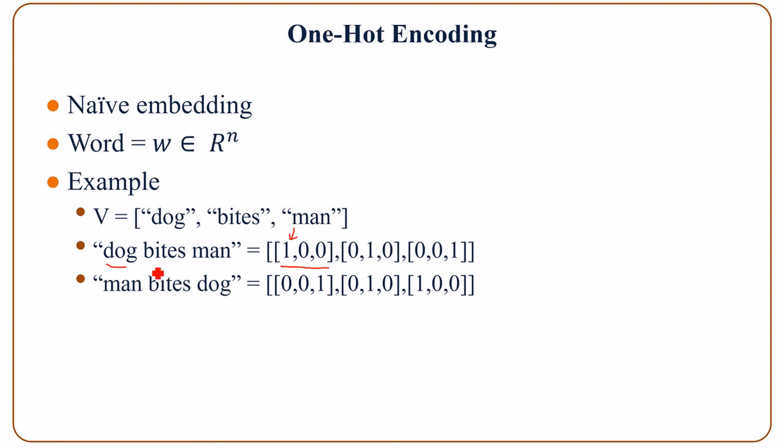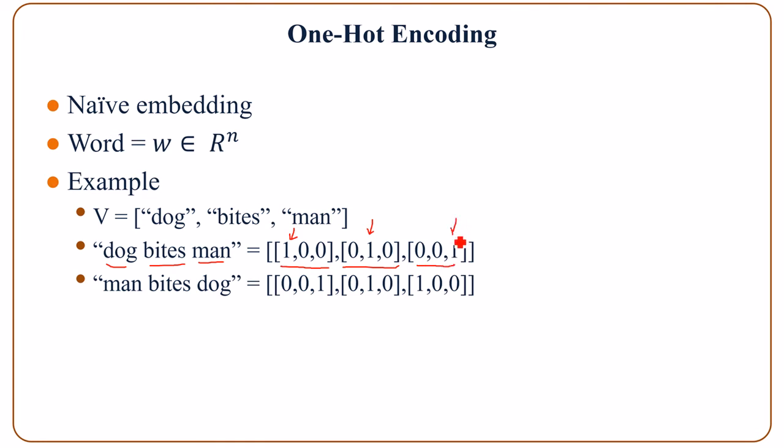Similarly, bites is represented by the vector of values 0, 1, 0, and there is only one 1. That represents the word bites, and the rest of the elements in the vector are 0. And eventually, man is represented by 0, 0, 1.